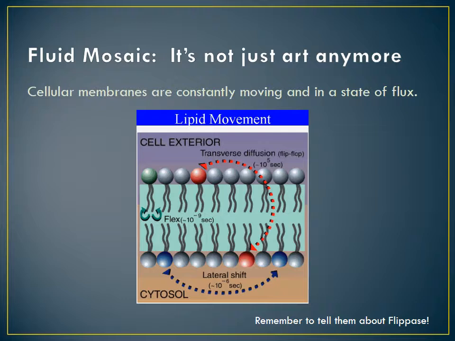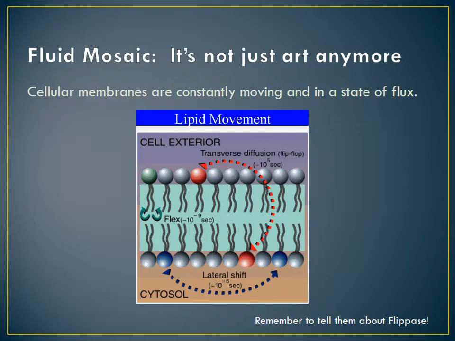You can actually flip, though. You can get from one side to the other. That's why I have this note at the bottom. Tell them about flipase. There's this enzyme called flipase. Flipase helps things flip. In order to move a phospholipid from one side to the other, it's very difficult. Why would it be difficult to get a phospholipid from up there to down here?